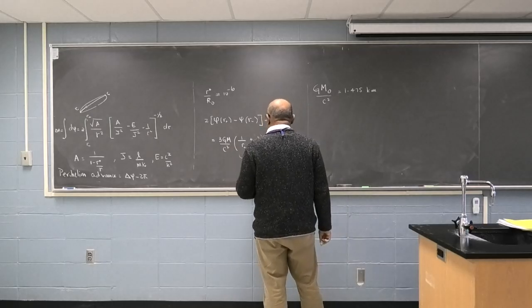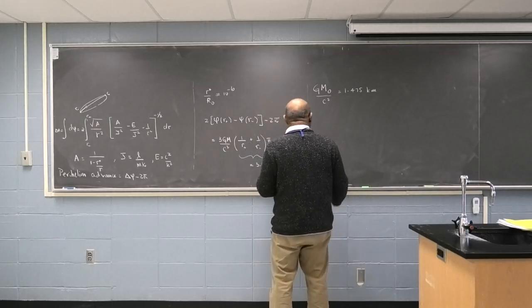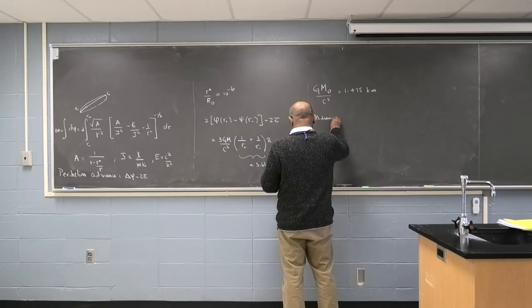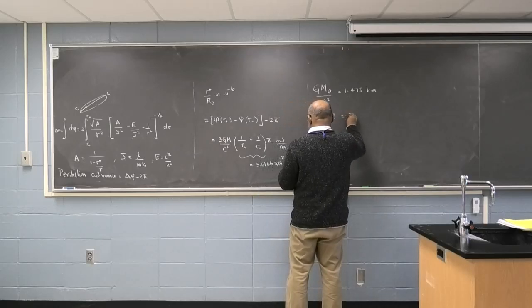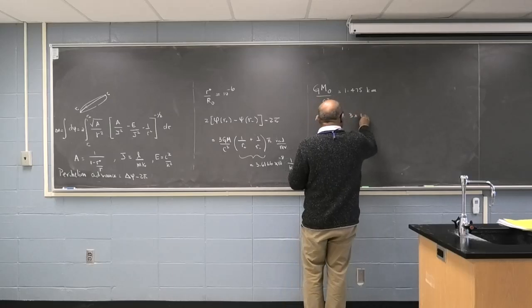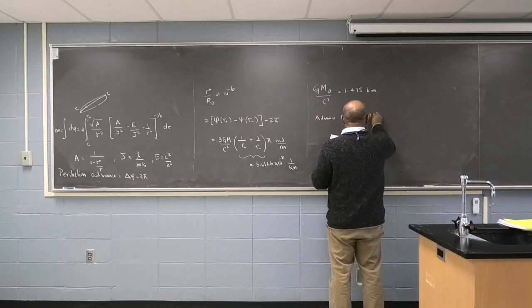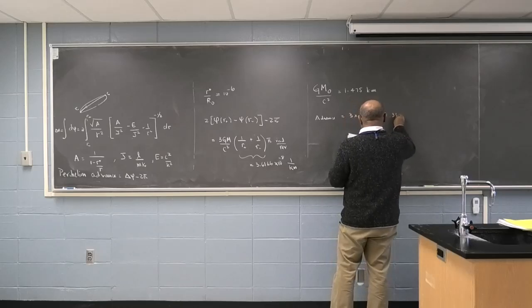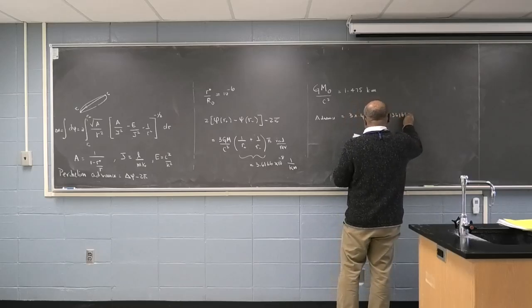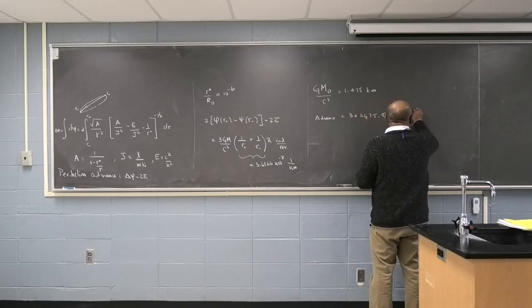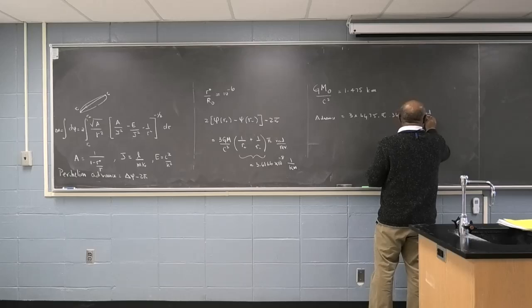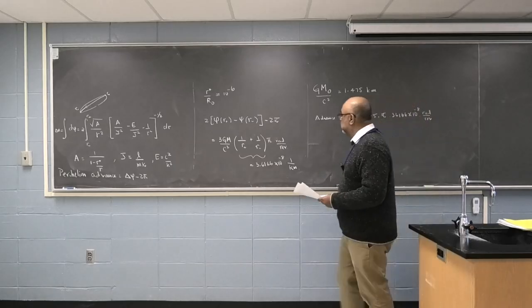And so the perihelion advance is going to be 3 times 1.475 times pi times 3.6166 times 10 to the minus 8 radians per revolution, putting all these numbers in.